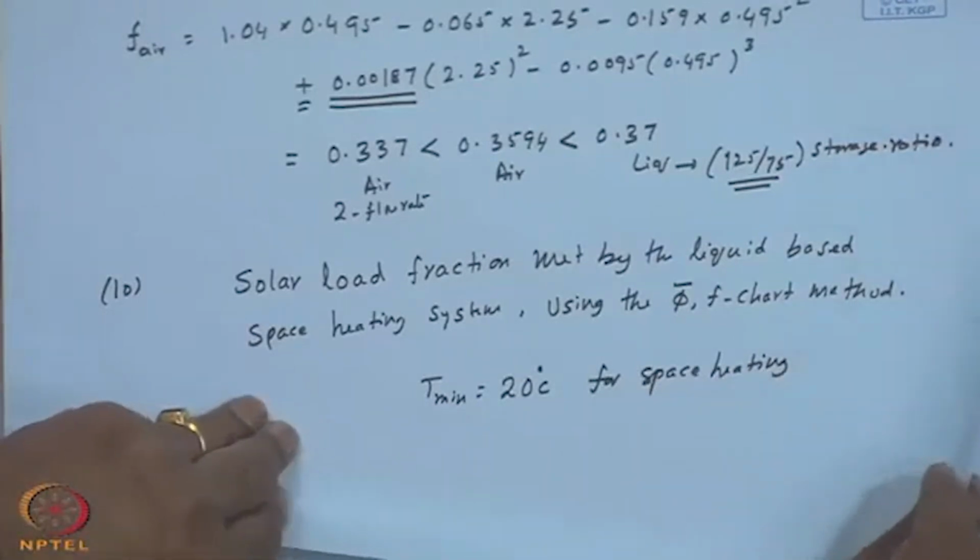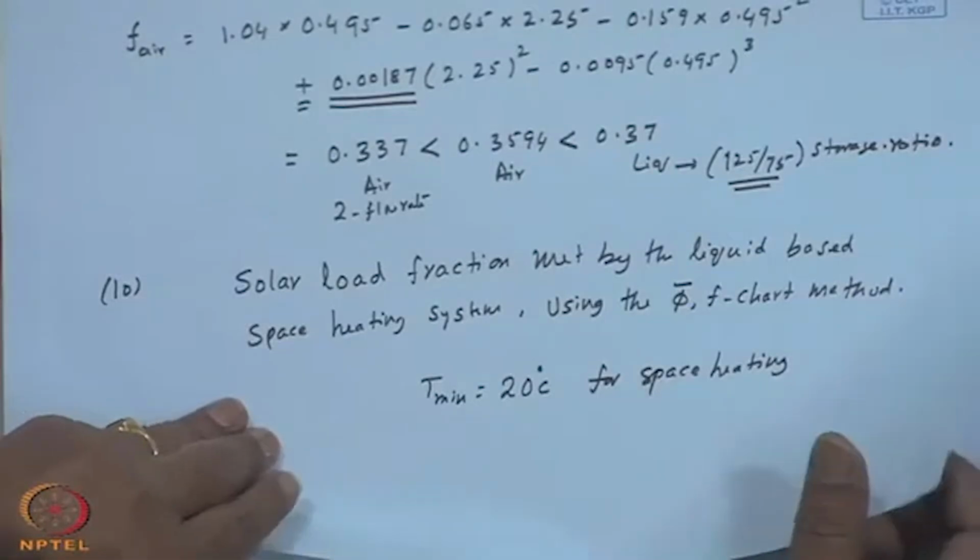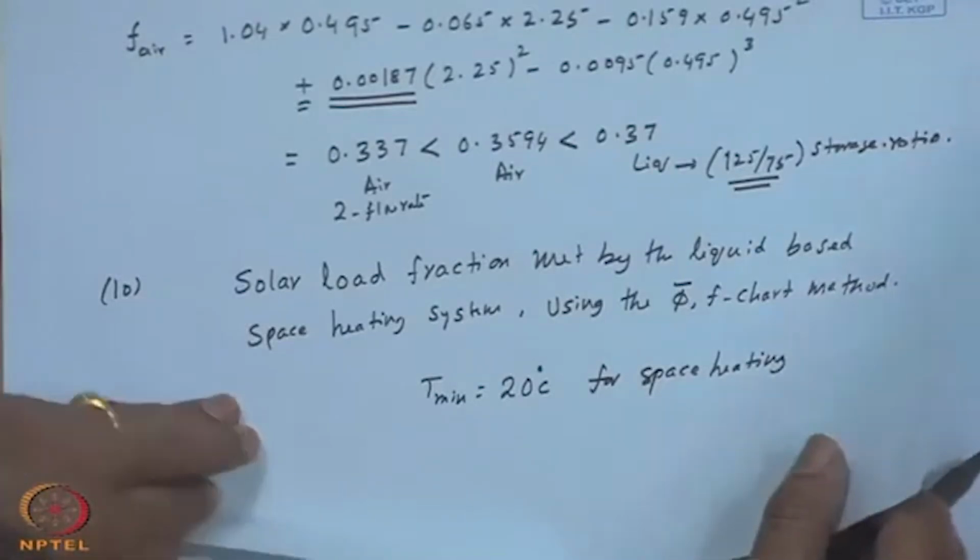Okay. So, the calculation is a little more involved than the F chart method, but nevertheless the generality of the phi bar F chart method or otherwise can be established.